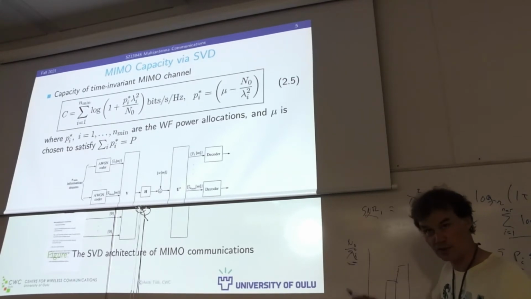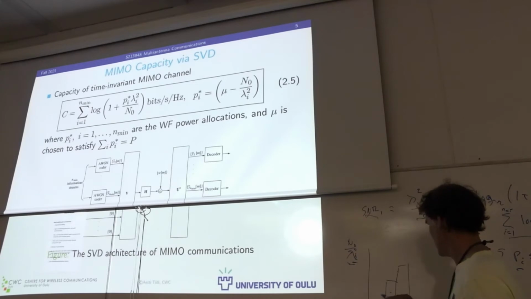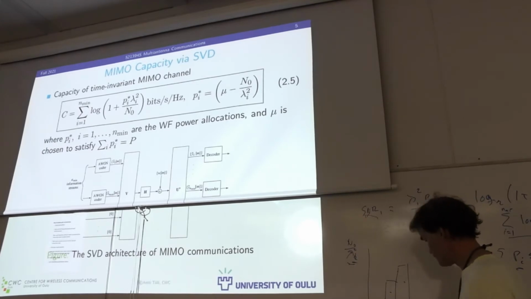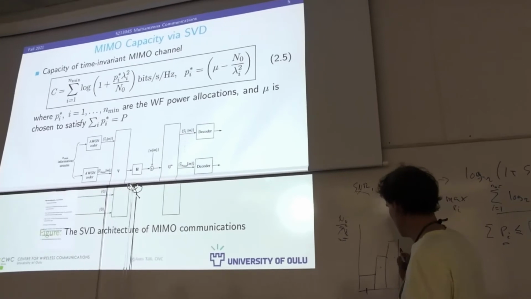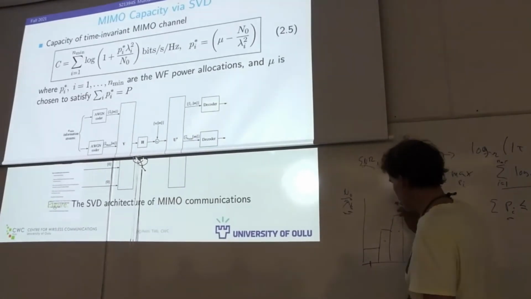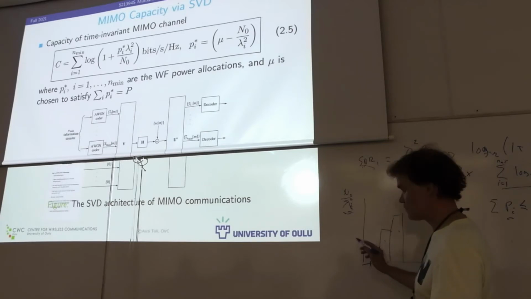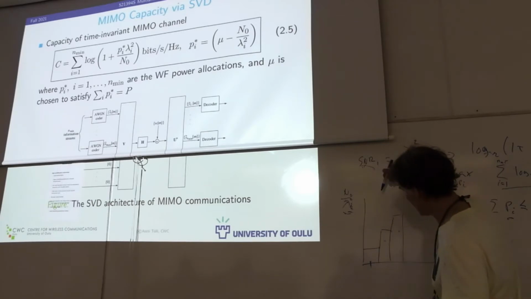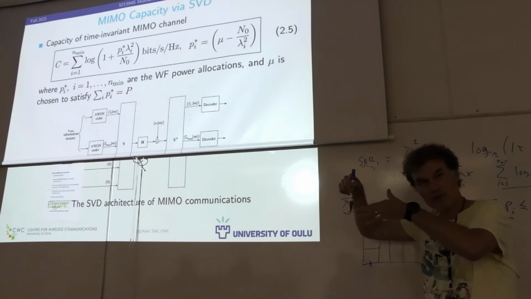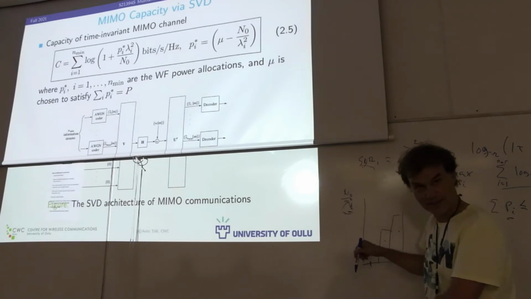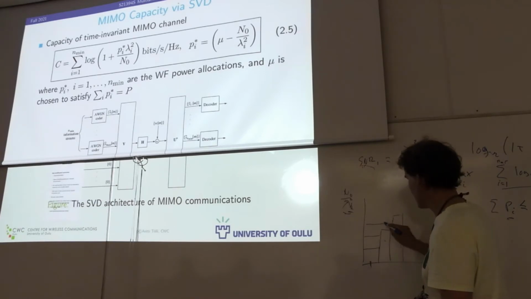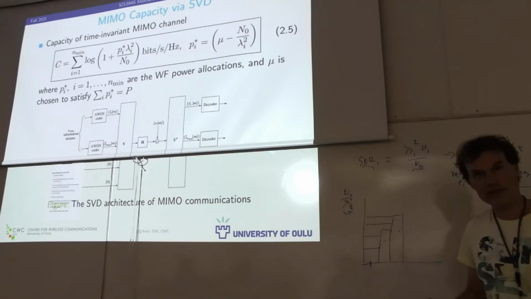It's an inverse, so it's the smallest and the weakest, right? A simple way to allocate the power is to use so-called water filling, where you start pouring liquid into this valley and increase the water level.